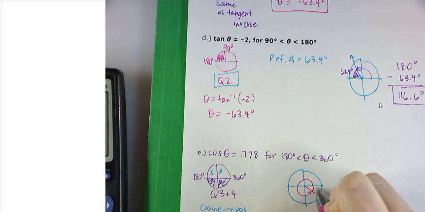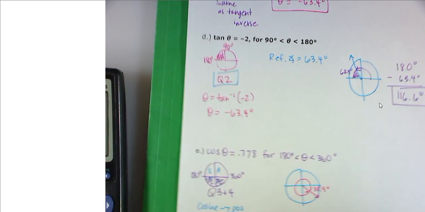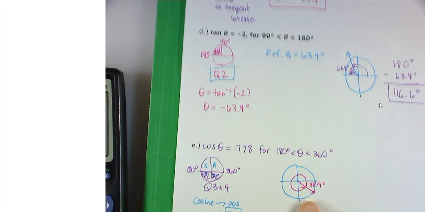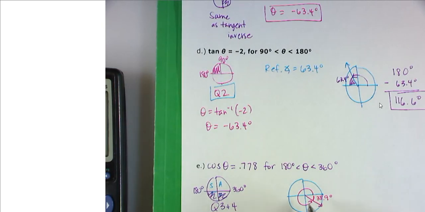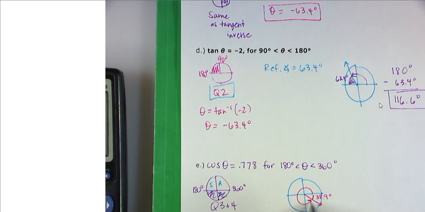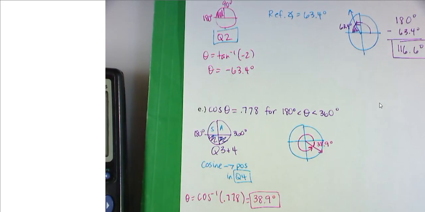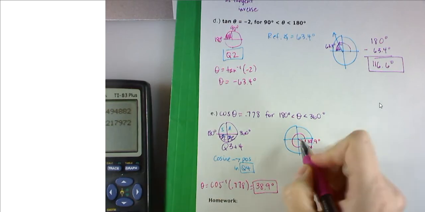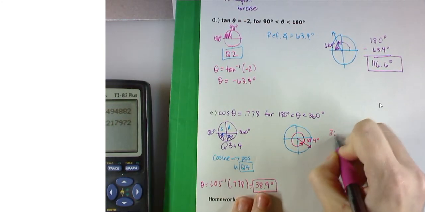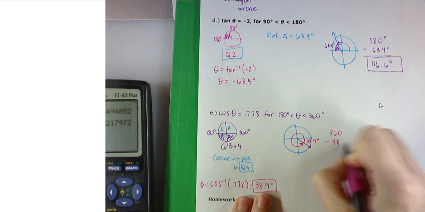So to find what the measure is of this angle, I just have to do 360 minus 38.9, and I'll get 321.1 degrees, which is in my value there. So I am all set.